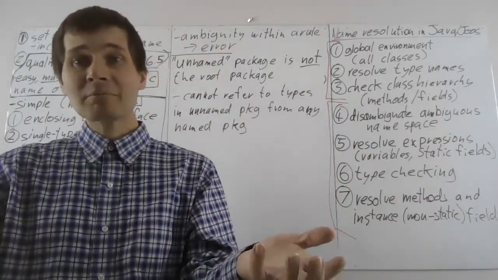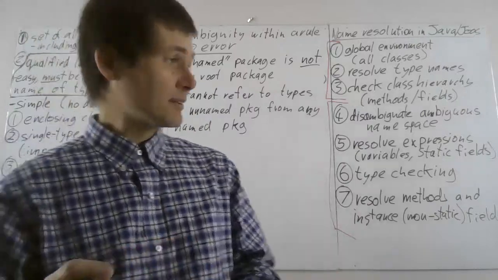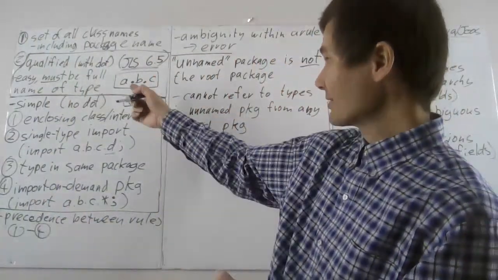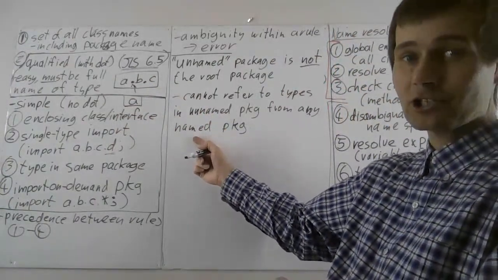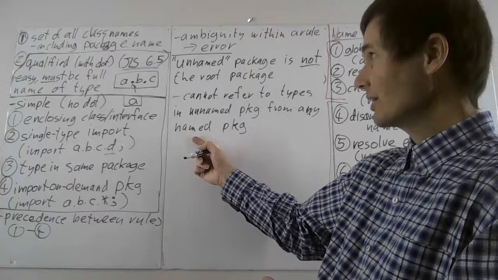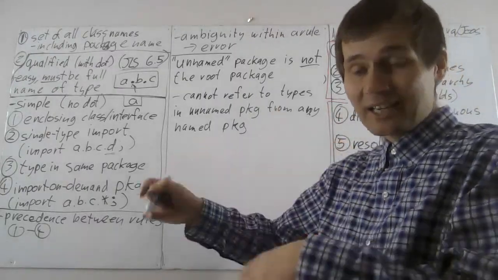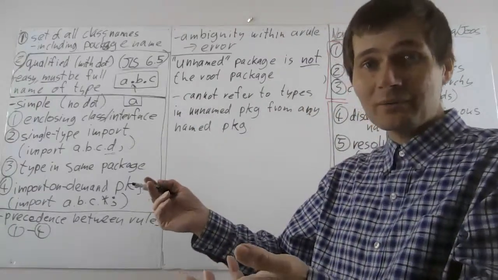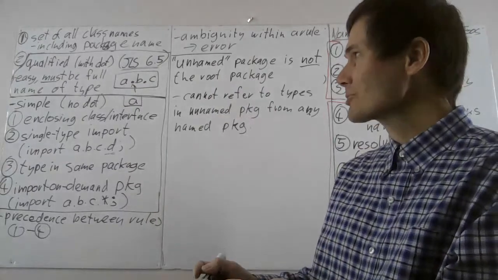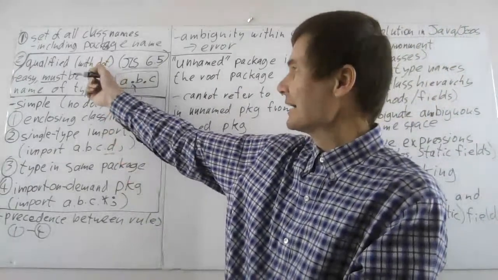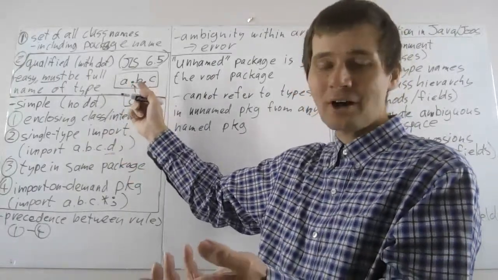But if it's in the unnamed package, then its name is just C. And then the rules here, so, if I try to refer to it from a named package, well, I have to say just C. I can't say package.c because there is no package, right? It's in the unnamed package. And so I can't write it as a qualified type name because there's nowhere to put the dot.